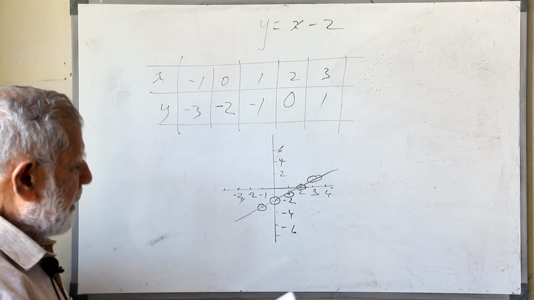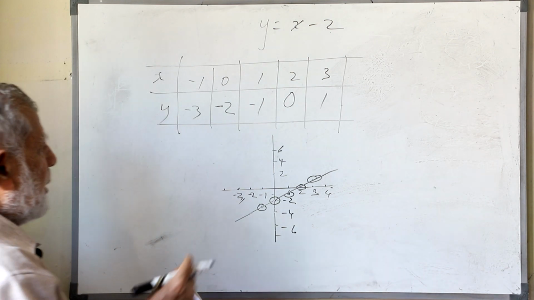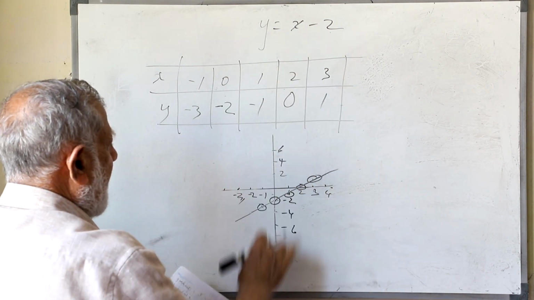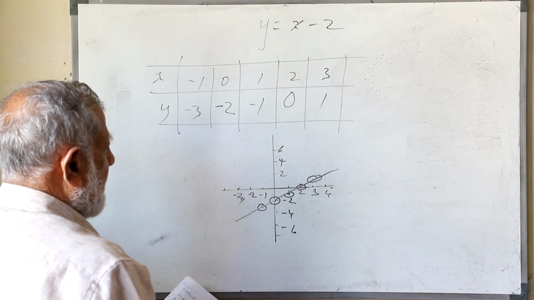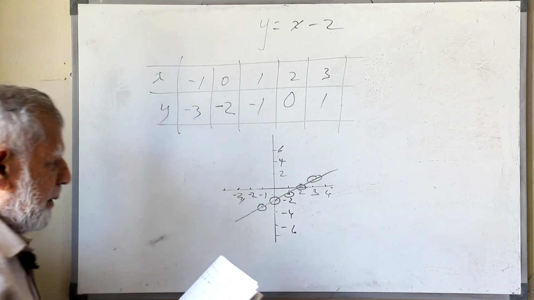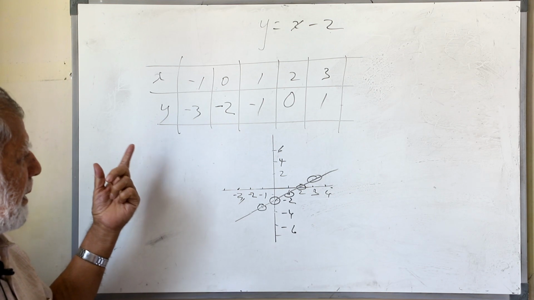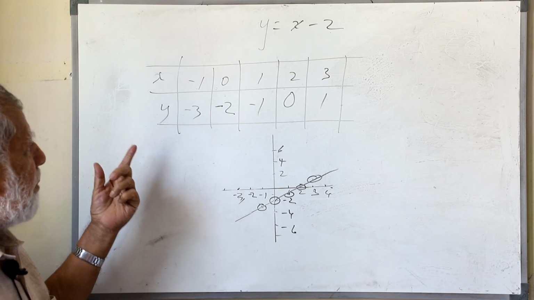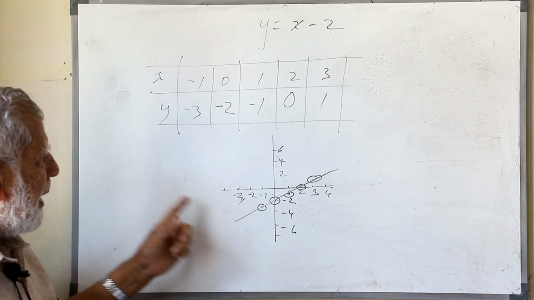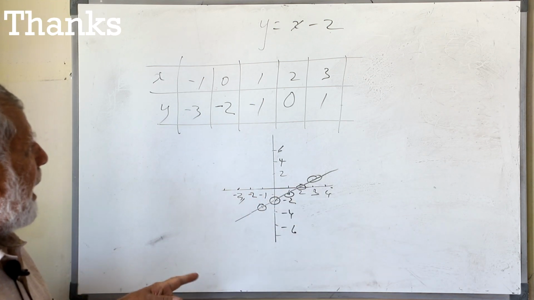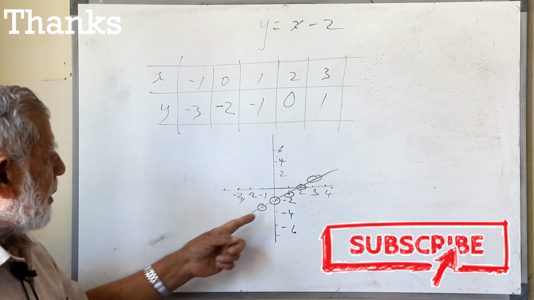Another thing you should notice is that it is going through minus 2. The y-intercept is minus 2. So three things we note out of this. First, it is a straight line. Secondly, the gradient is positive, so it is making an acute angle with the horizontal. And thirdly, it is going through minus 2.